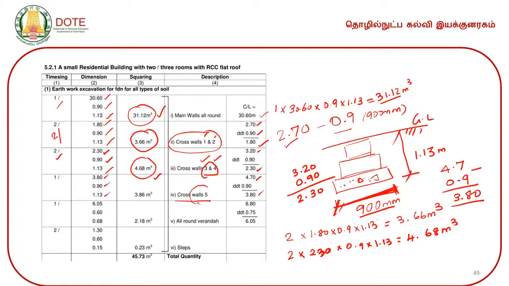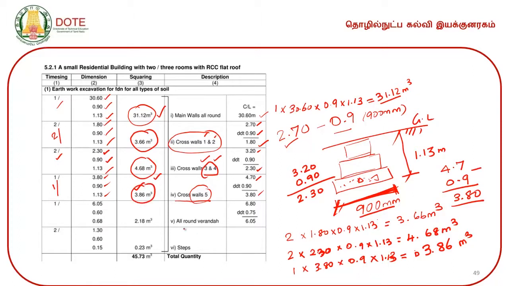Cross wall 5 is only one number, so 1 into 3.80 into 0.9 into 1.13 gives 3.86 m cube.